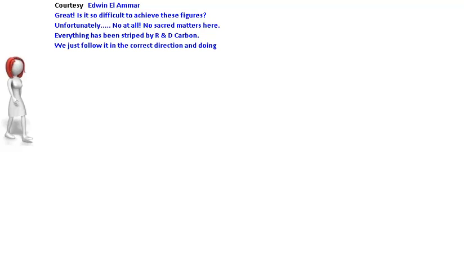We just follow it in the correct direction and do some proper adjustments to adapt to plant conditions and the current raw material being used.